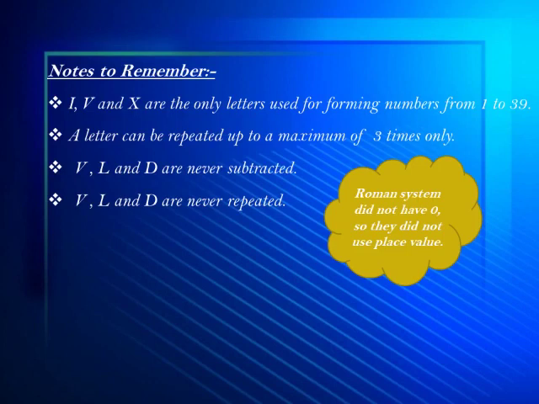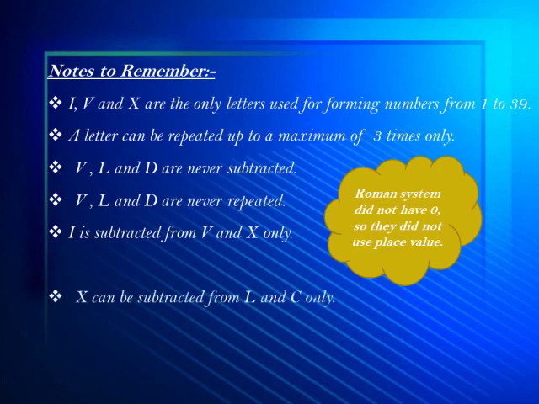Okay, so next, I is subtracted from V and X only. Next, C can only be subtracted from D and M. X can be subtracted from L and C only. I is never written on the left of L, C and D.